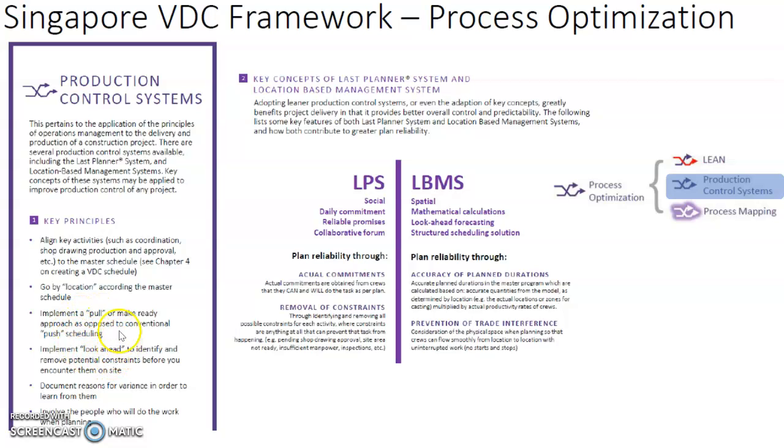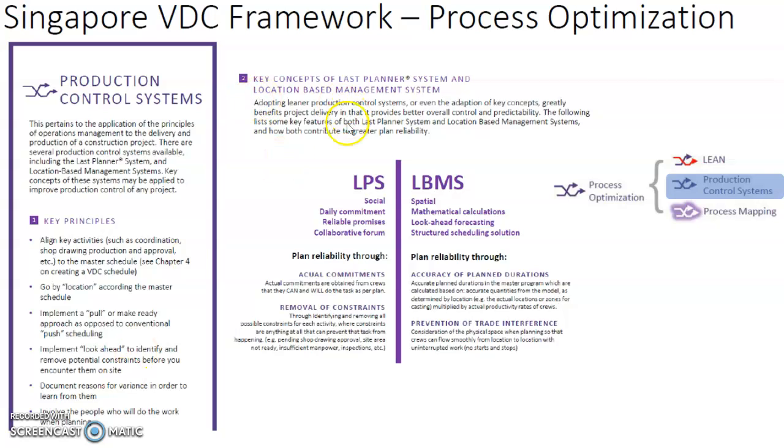We implement a look-ahead schedule to identify and remove potential constraints before we encounter them on site. We document reasons for variance in order to analyze them, and we involve the people who will do the work when we are doing the planning.